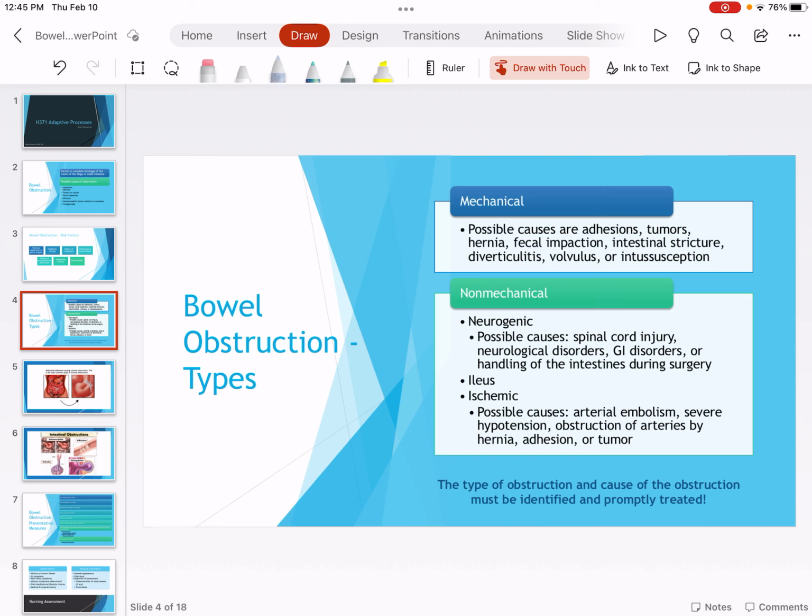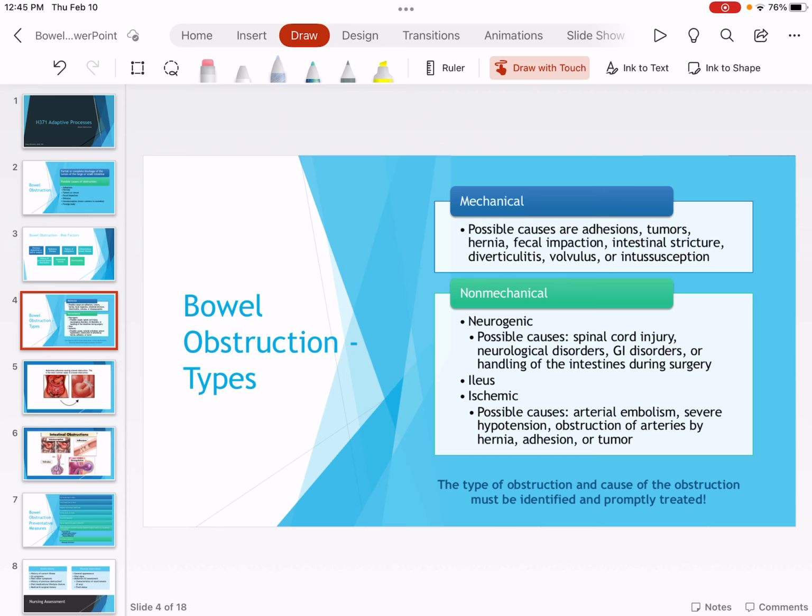So this really would be a structural abnormality, whether it's something inside the intestinal lumen or outside, pressing on that portion of the intestines, and that structural issue is causing the obstruction.